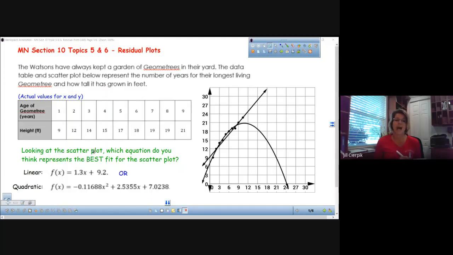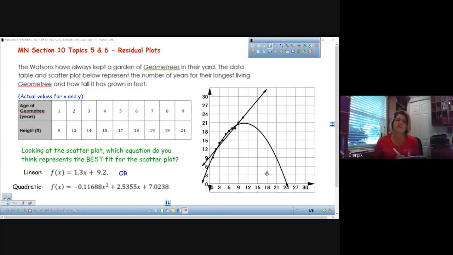This represents actual years, actual height. Now, if you look to the right, these ordered pairs, 1, 9, 2, 12, 3, 14, etc., are all plotted. If I didn't have the line and the parabola in place, you would see scattered dots. Two different people, let's pretend me and Mrs. Whirl as an example.